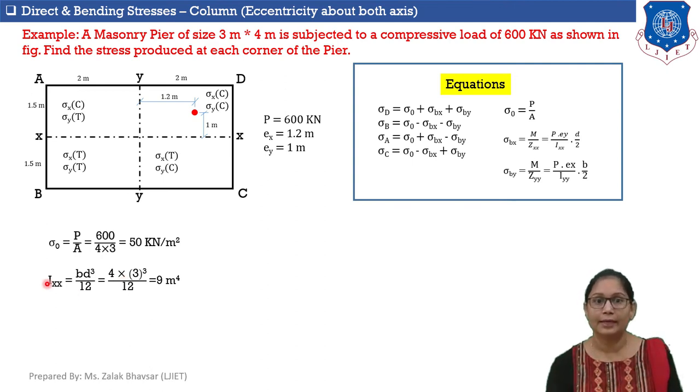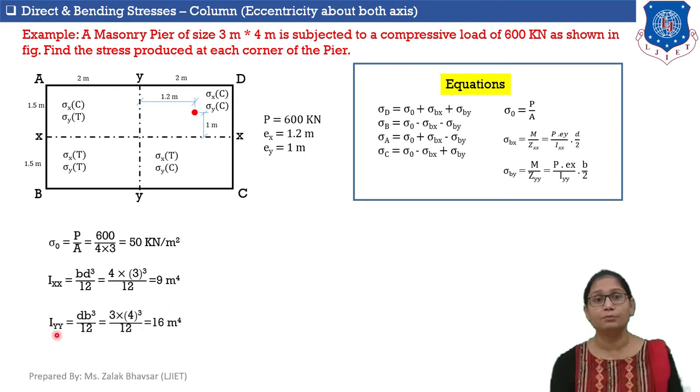So Ixx is equal to 4 into 3 cube by 12. So I am getting Ixx is equal to 9 meter raised to 4. Similarly, let's calculate Iyy. Iyy is the moment of inertia about y-axis, which is equal to dB cube by 12. Here in our case, D is 3 meter and B is 4 meter. So I am getting Iyy is equal to 16 m raised to 4.